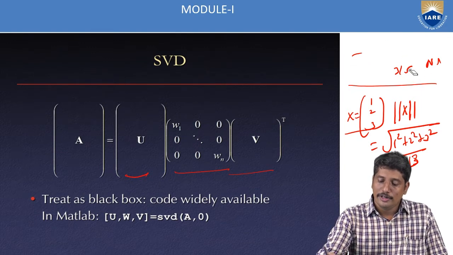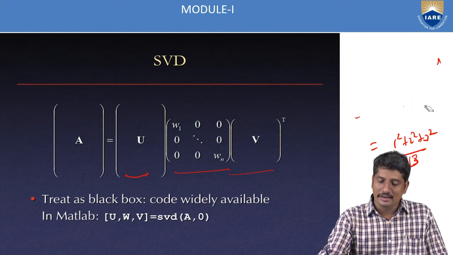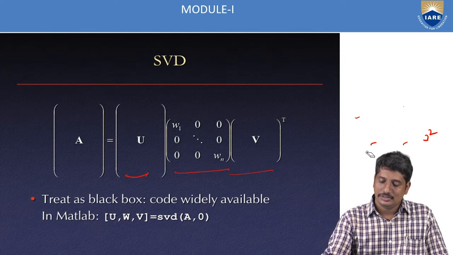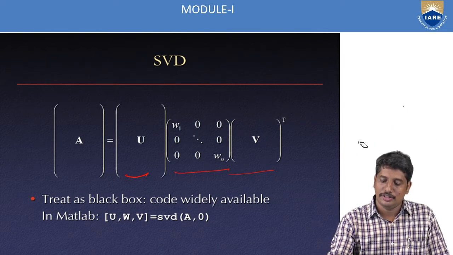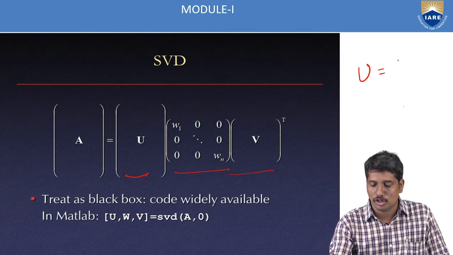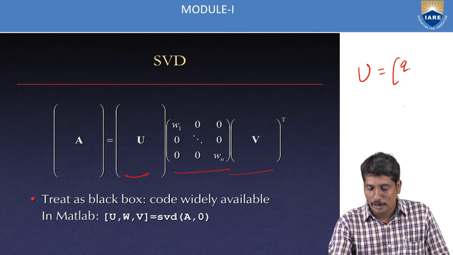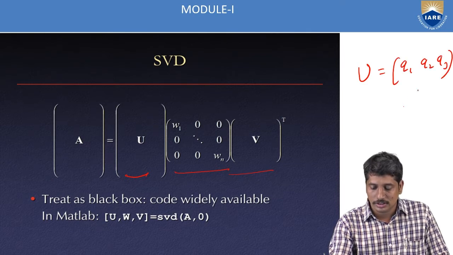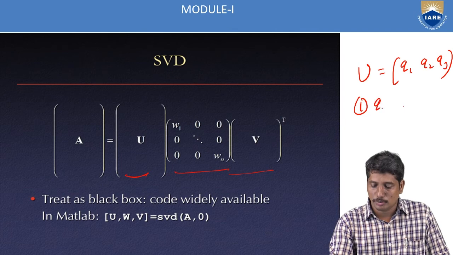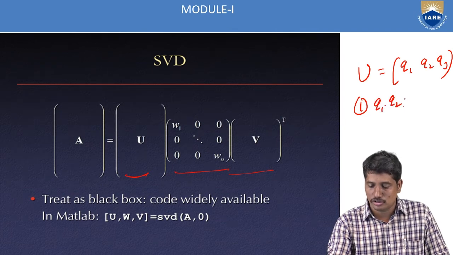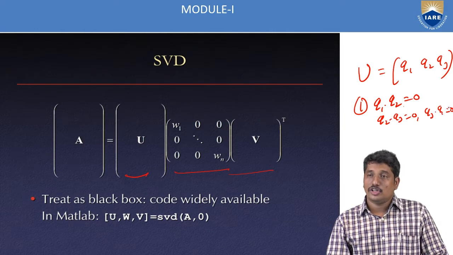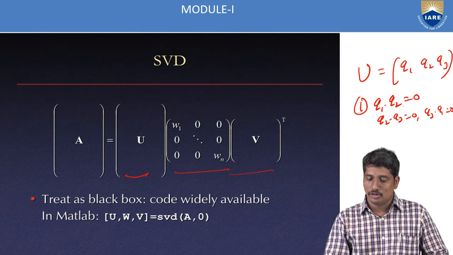So when do you say a matrix U is an orthonormal matrix? If we have three columns Q1, Q2, Q3, the first condition is that the dot products should be 0, that is orthogonality. Q1 dot Q2 is 0, Q2 dot Q3 is 0, Q3 dot Q1 is 0. Every pair is orthogonal.